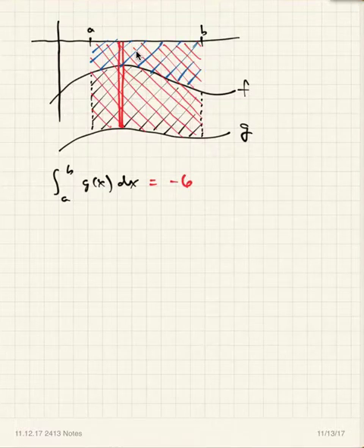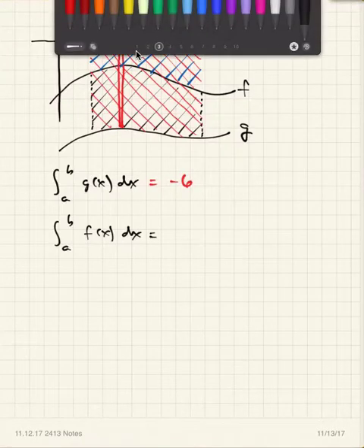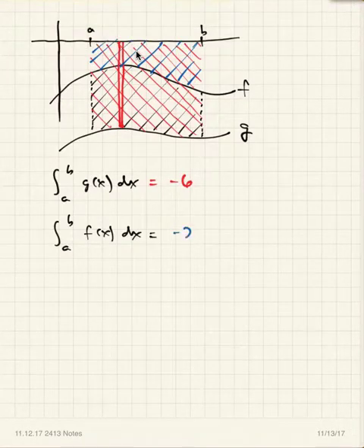It still gives you the wrong sign, doesn't it? And so the integral from a to b of f of x dx, now that blue region is certainly smaller than the red region. So let's just say, for argument's sake, that this was -2, like so.